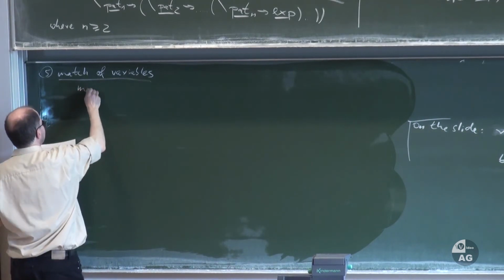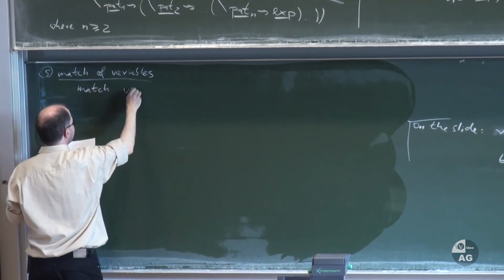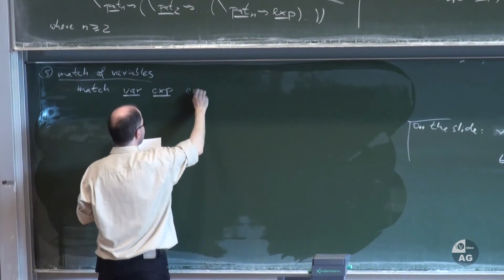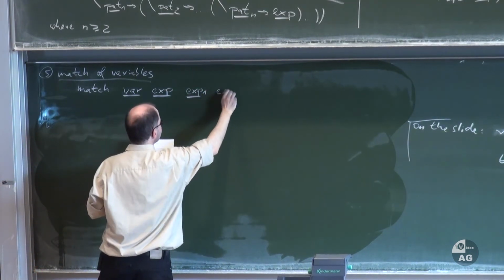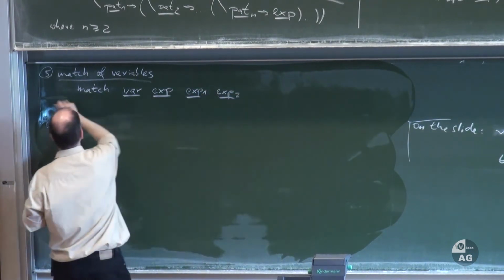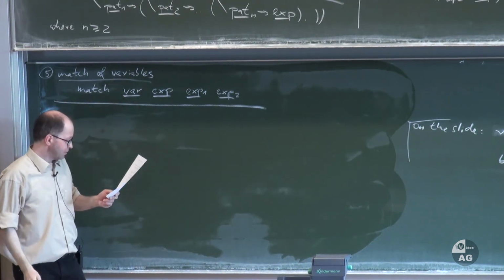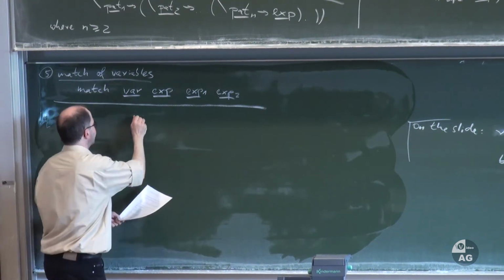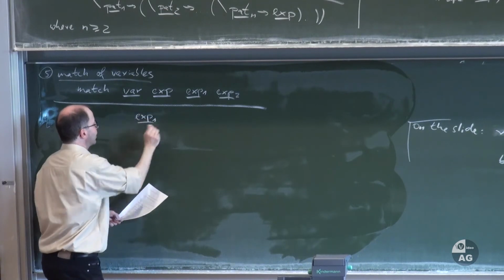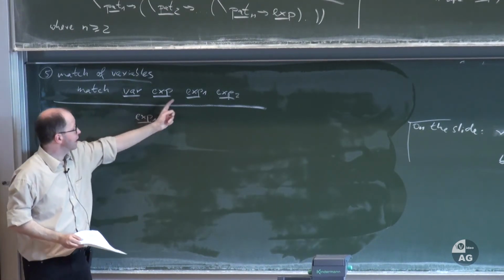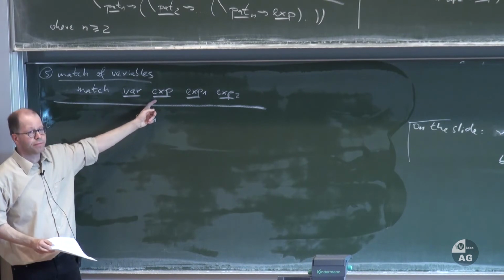So if I have an expression like this, I want to match a variable against some expression. And if this works, then the result is exp1. And if it doesn't work, then the result is exp2. This I can simplify because I know that this always works. So the result here is always exp1. But all occurrences of this variable in exp1, they have to be instantiated by exp.